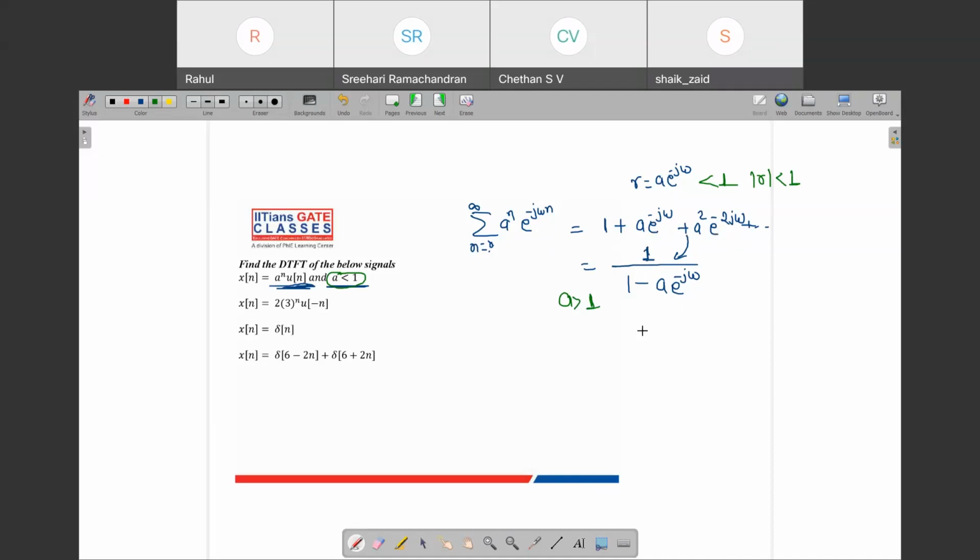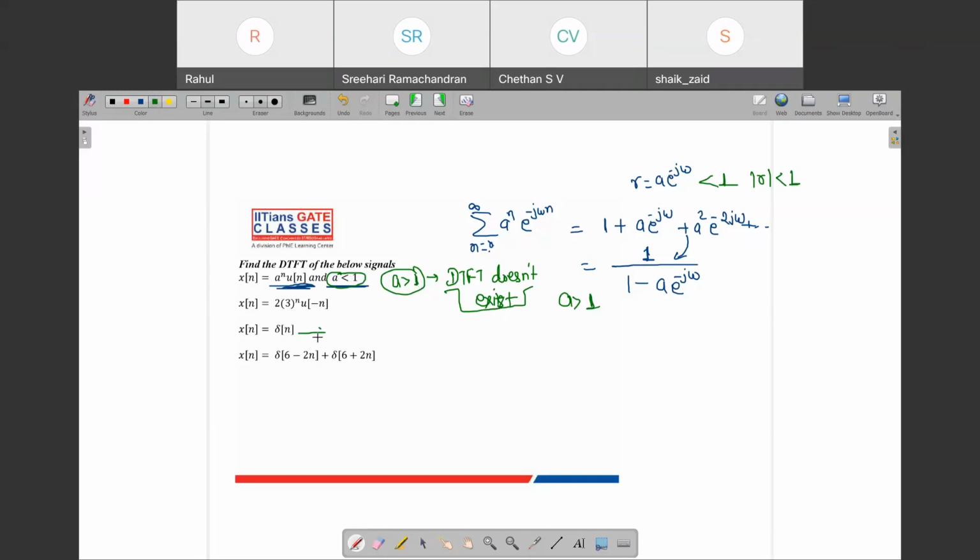So if you have a signal a to the power n u[n] and a is greater than 1, the DTFT doesn't exist. Even if you try to find it with some property, you will not be able to find the DTFT of this signal.